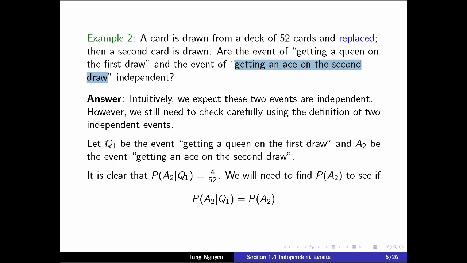So again, we'll assign names to relevant events in the problem. We call Q1 the event getting a queen on the first draw, and A2 the event getting an ace on the second draw. So it is very clear that the probability of getting an ace on the second draw, given that we got a queen on the first draw, will be 4 over 52.